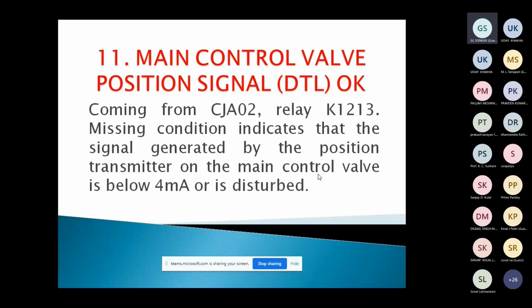It is below 4 milliamps, because it is 0 to 20 milliamps or 4 to 20 milliamps. 4 milliamps is for inertia; to avoid the inertia, we start from 4 milliamps. So somehow the control valve signal is below 4 milliamps, or it is disturbed. The current can be less than that. It may be less than 4 milliamps, or disturbed means there may be a breakage of the wire. You just check continuity through the multimeter.